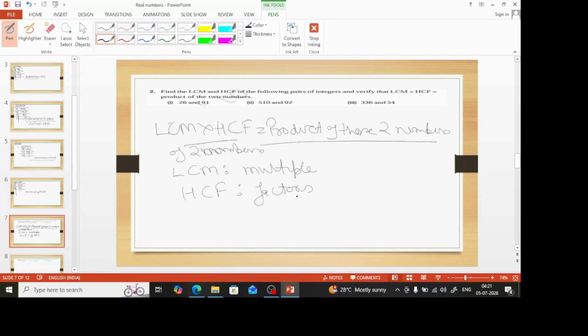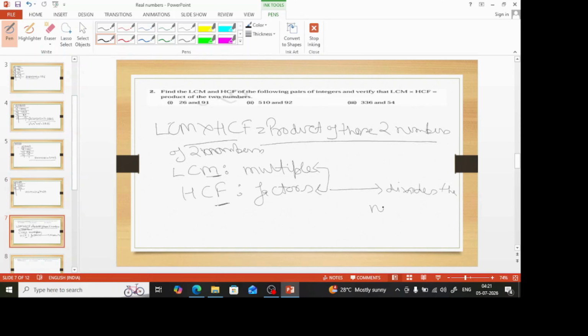Just listen to me carefully. LCM is multiple and HCF is factor. There is a difference between multiple and factor. A factor divides the number.